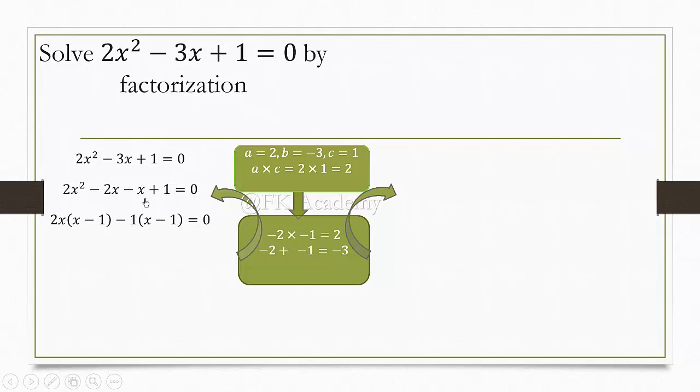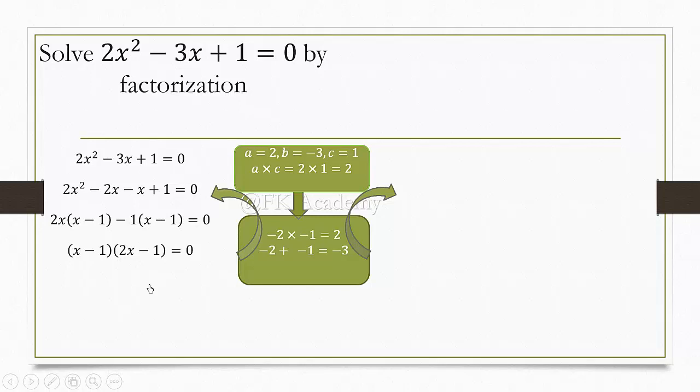When you expand this, you should get what is here. When you expand this, you should also get what is here. We continue to factor further because there's a common factor of x minus 1 in this first term and this second term here. So when we factor out the x minus 1, we are left with 2x minus 1.